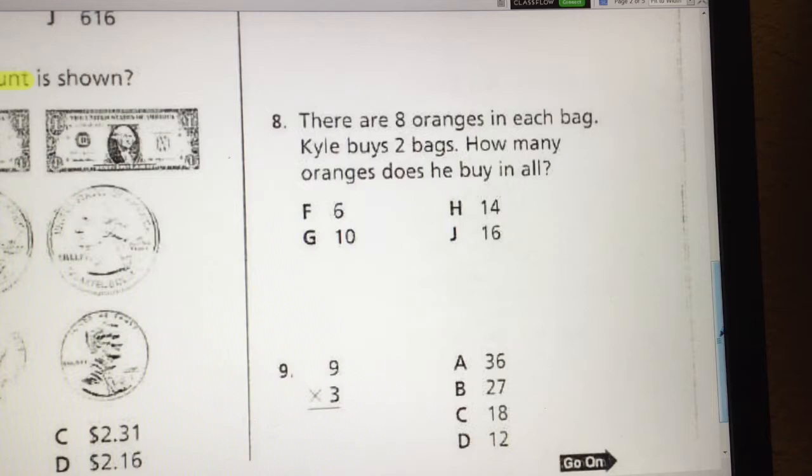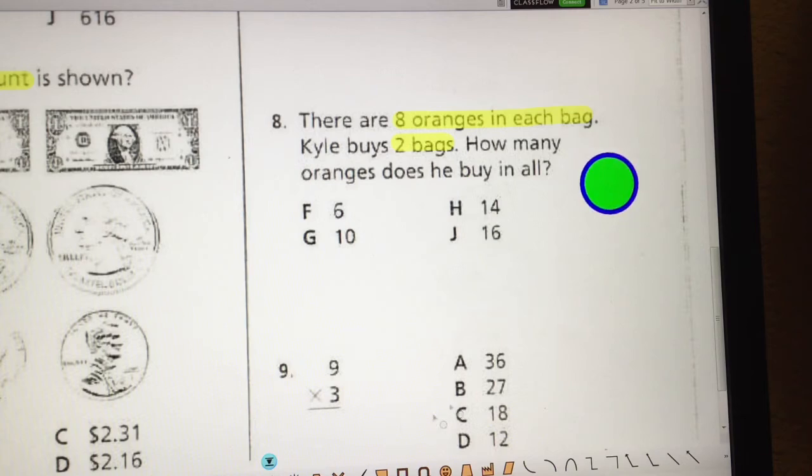Number 8, there are 8 oranges in each bag. Kyle buys 2 bags. How many oranges does he buy in all? Now, what I'd be doing is I'm actually going to draw a picture with this, like you should with everything, right? So you have 2 bags.